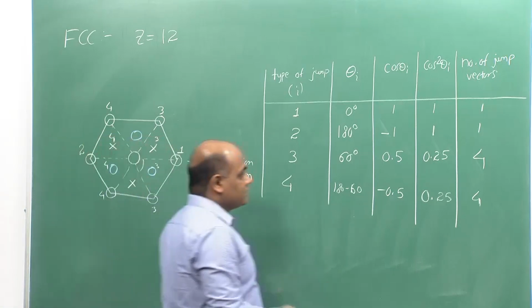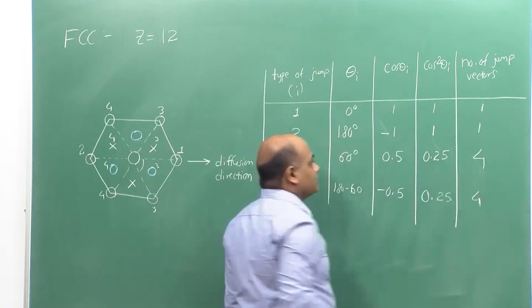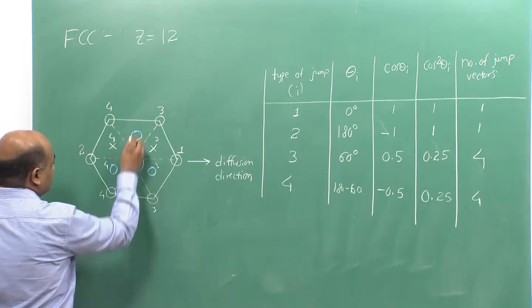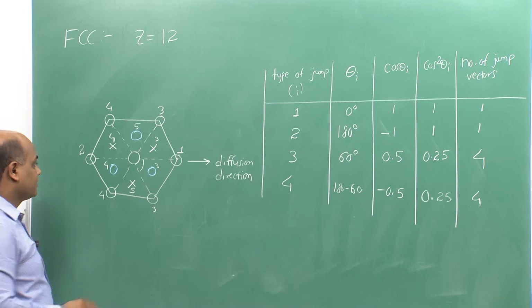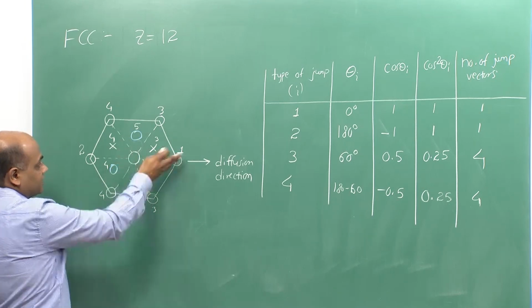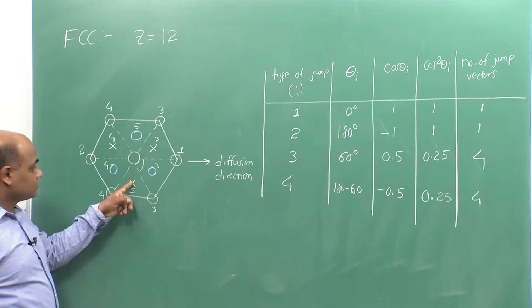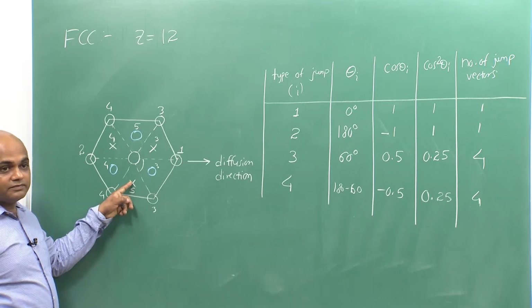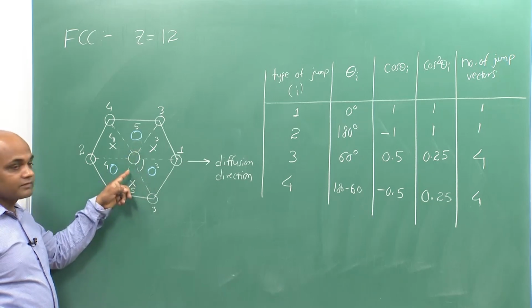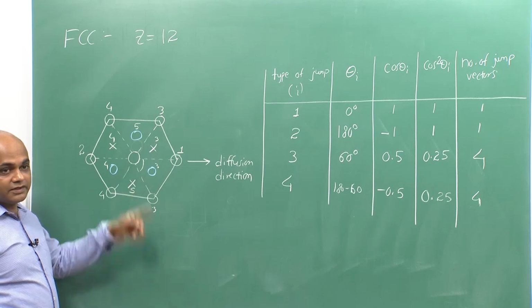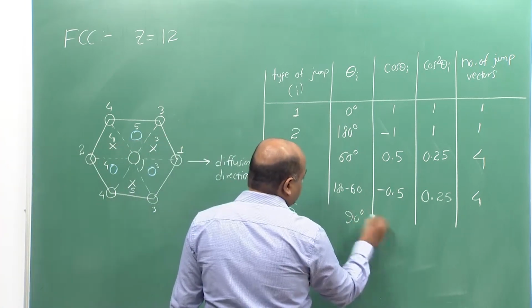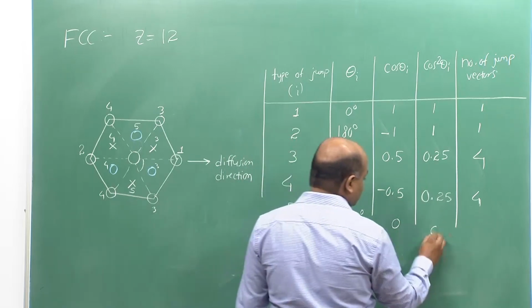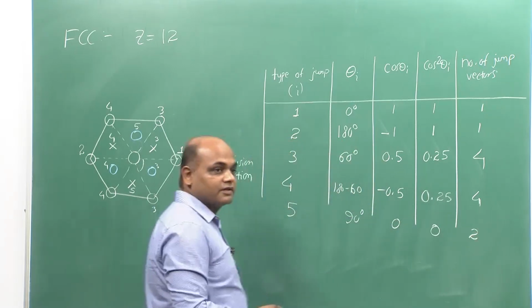And 2 are left, 4 plus 4, 8, 9, 10, and those 2 are type 5. And what is the angle they are making with the diffusion direction? These 2, 90 degree, right. So, cos 90 is 0, and 2 such atoms.